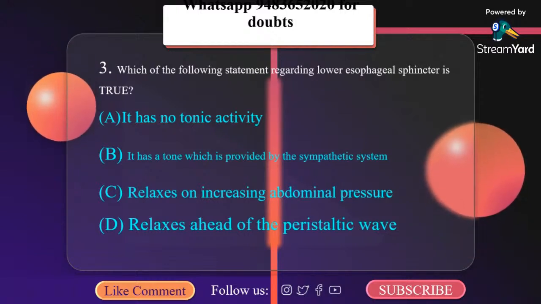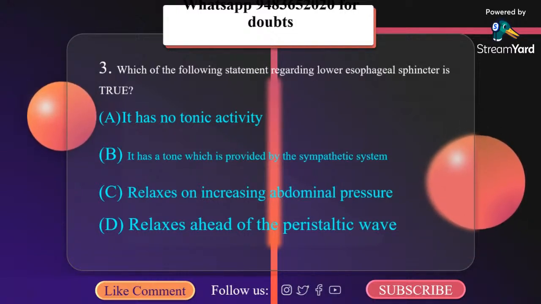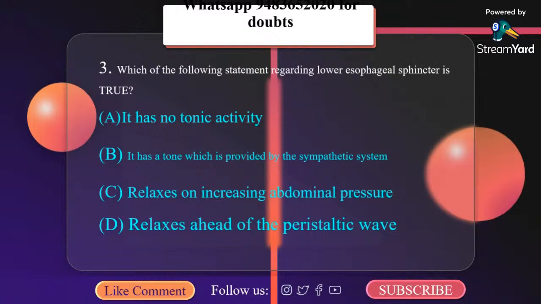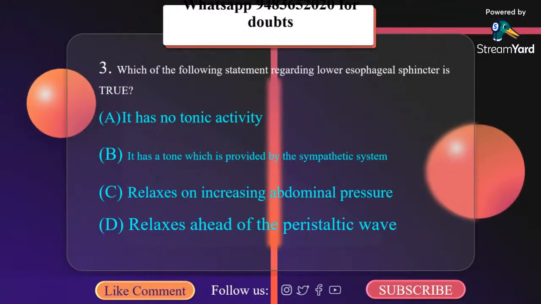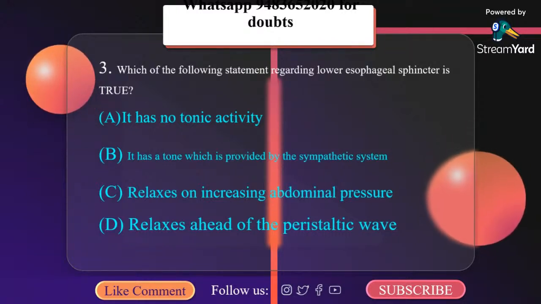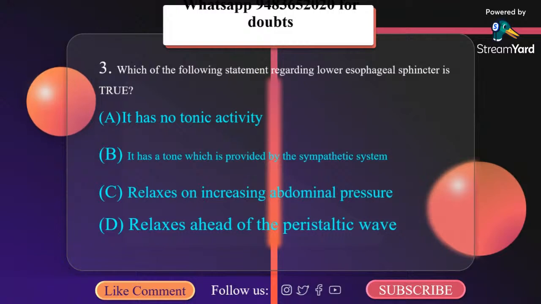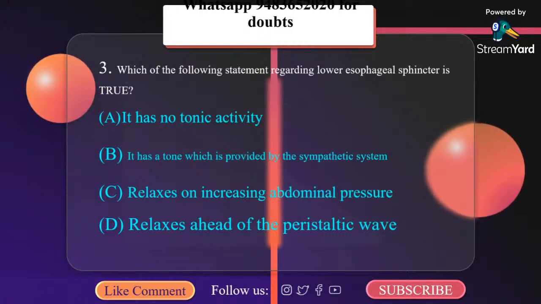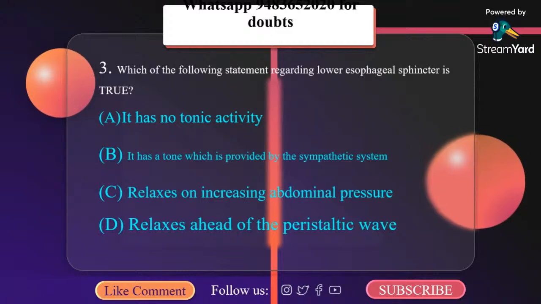Its tone is under neural control by the parasympathetic nervous system. Contraction of LES is caused by the release of acetylcholine from the vagus, and the release of NO, that is nitric oxide, and vasoactive intestinal polypeptide from the interneurons innervated by other vagal fibers causes it to relax. So the correct answer is it relaxes ahead of peristaltic wave, which is D.